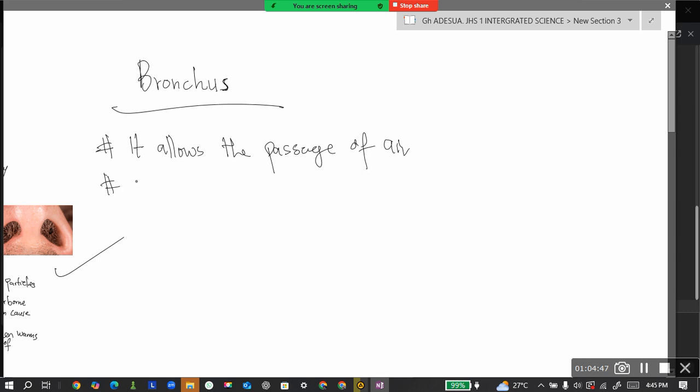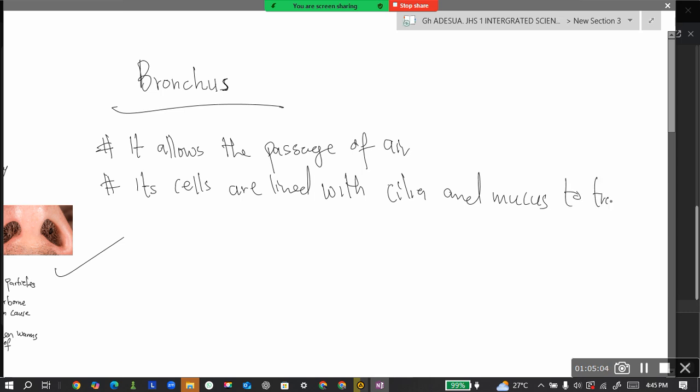Its cells are lined with cilia and mucus to trap dust particles and bacteria.